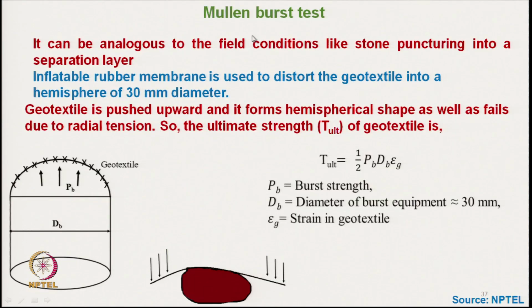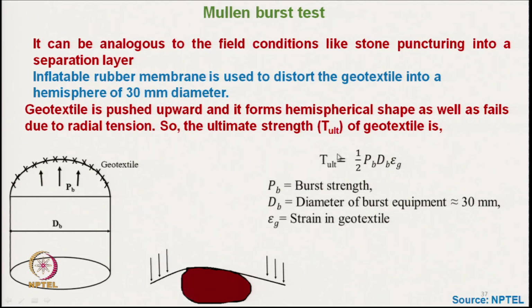So, this Mullen burst test is analogous to the field condition like stone punching into the separation layer, as I have explained. The inflated rubber is of a certain diameter, a hemispherical condition is created, and the geotextile is pushed inside. So, we can calculate the ultimate strength.